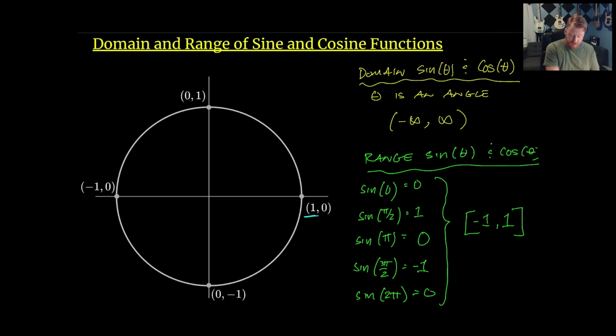The largest that the cosine will ever be is a value of 1. And then as the angle starts to move, now we have an output of 0. So it's gotten smaller, and it continues to get smaller until the cosine becomes -1. And then it starts to grow again until the cosine becomes 0, and then the cosine returns back again to +1. Same story, the range for the cosine is also from -1 to +1.